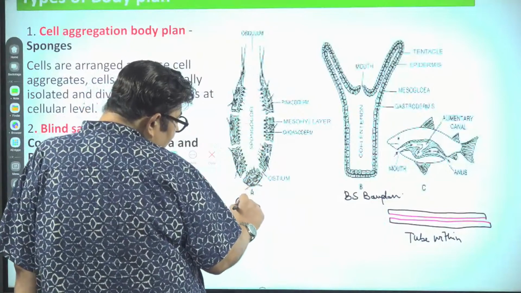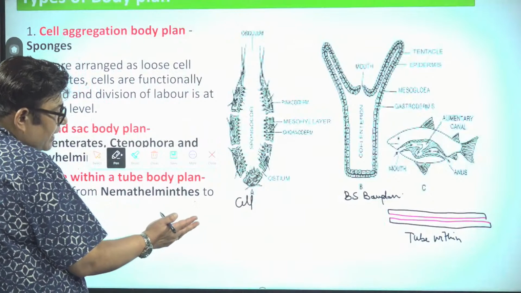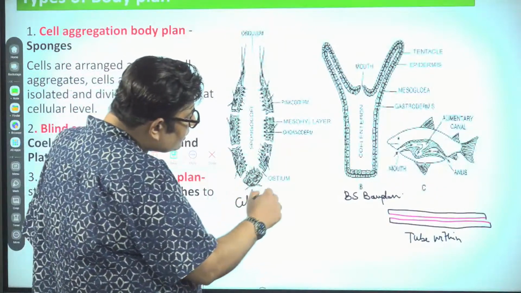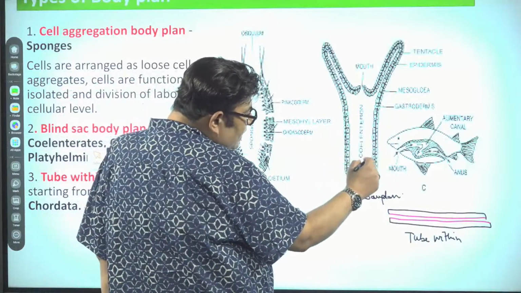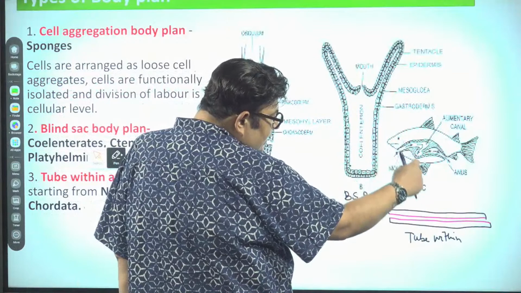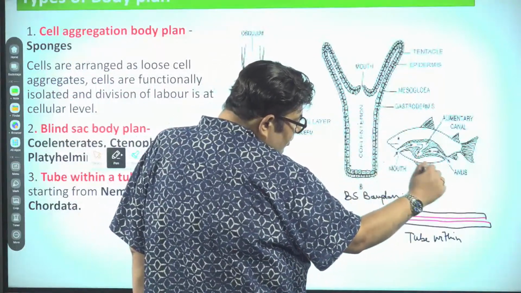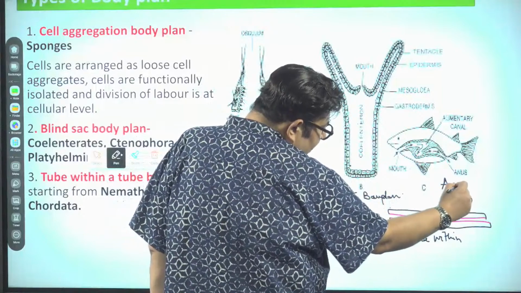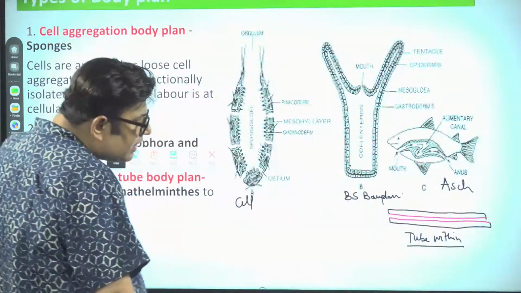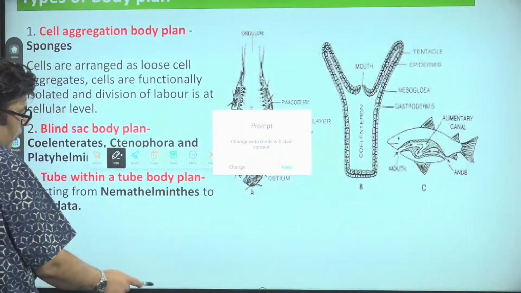And this is a cell aggregate body plan. Only three types of body plans are there. Now, the blind sac body plan is present in cnidarians, ctenophora, and platyhelminths, because from Aschelminthes onwards they have the tube within a tube body plan.